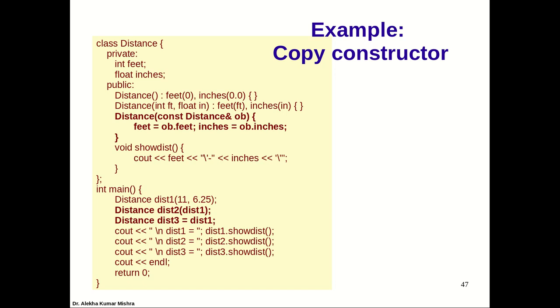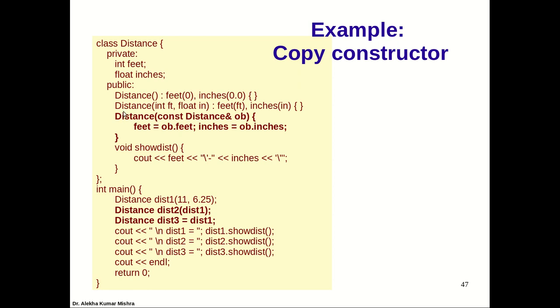Here is a simple example. Here we do not include any dynamic memory allocation, just to demonstrate how we can define a copy constructor. For the class distance, we have already seen the parameterized and default constructors.